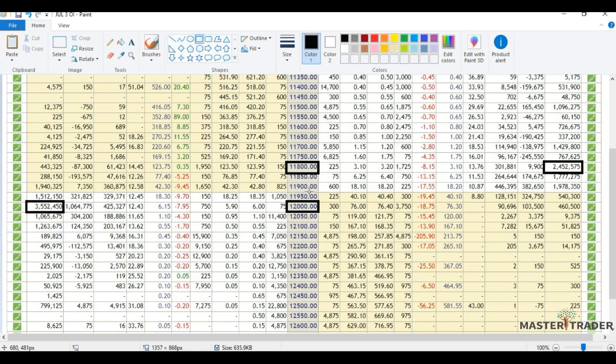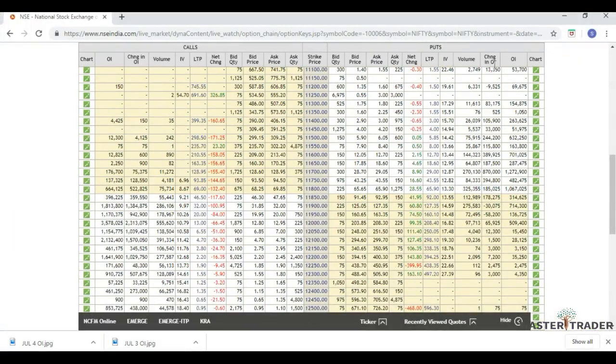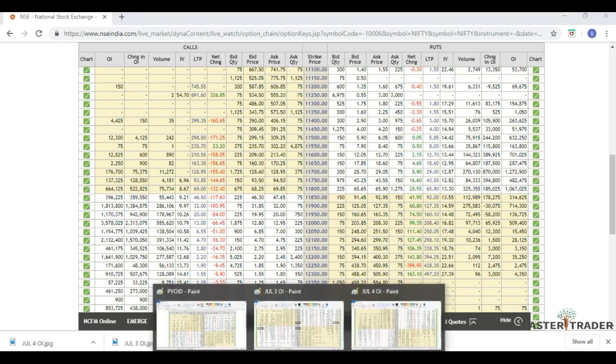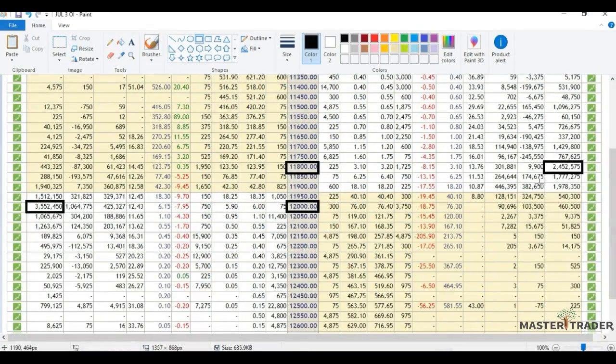Okay, now what we want to look at is this particular column, the one right next to open interest, which is called change in open interest, right? As we can see here, this change in open interest. And what we want to look at, guys, is the most recent strike price.